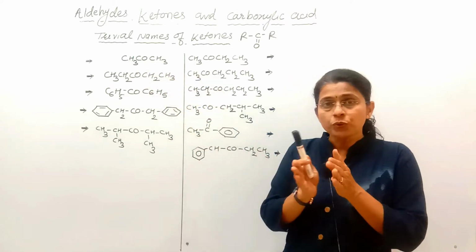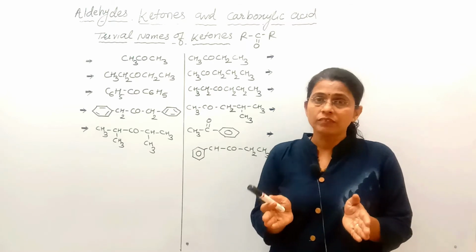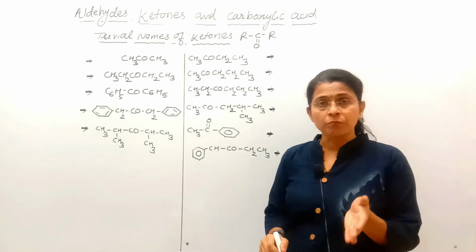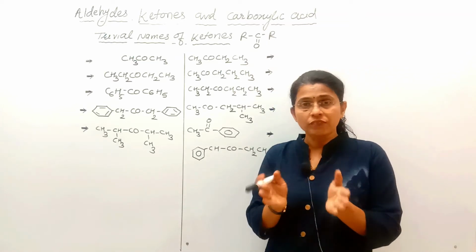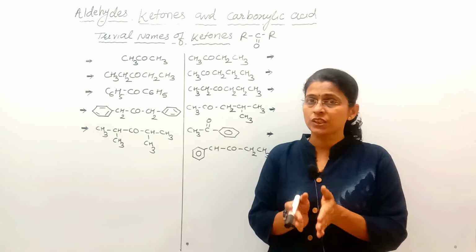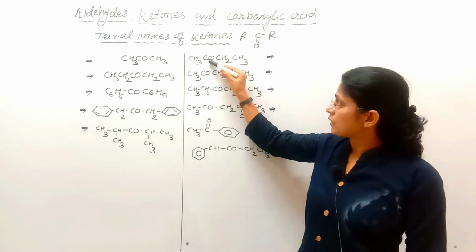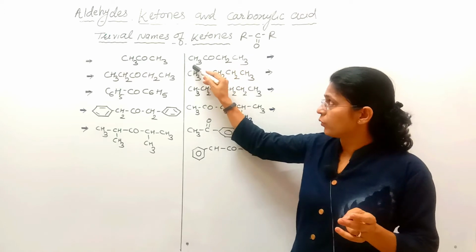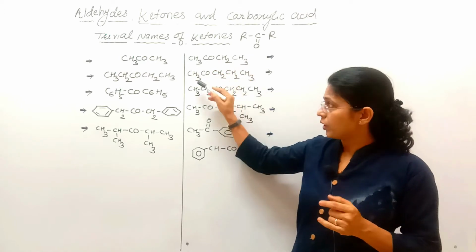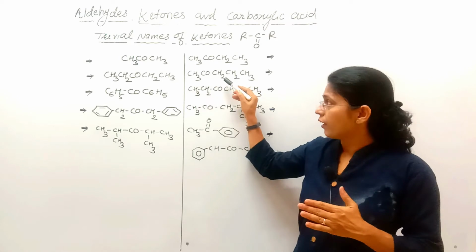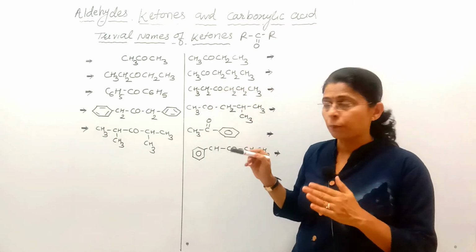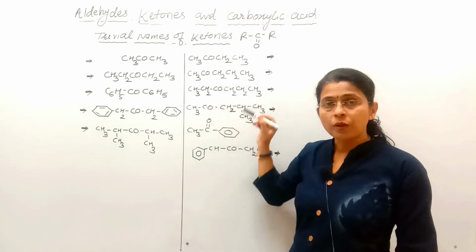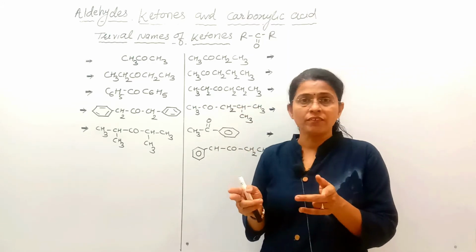While if the two alkyl groups attached to the carbonyl group are different, then those are mixed ketones. See here, on both sides of CO, here a methyl group, here an ethyl group. Here a methyl group, here 3 carbons, meaning an N-propyl group. Here an ethyl group, here a propyl group. Both the alkyl groups are different.